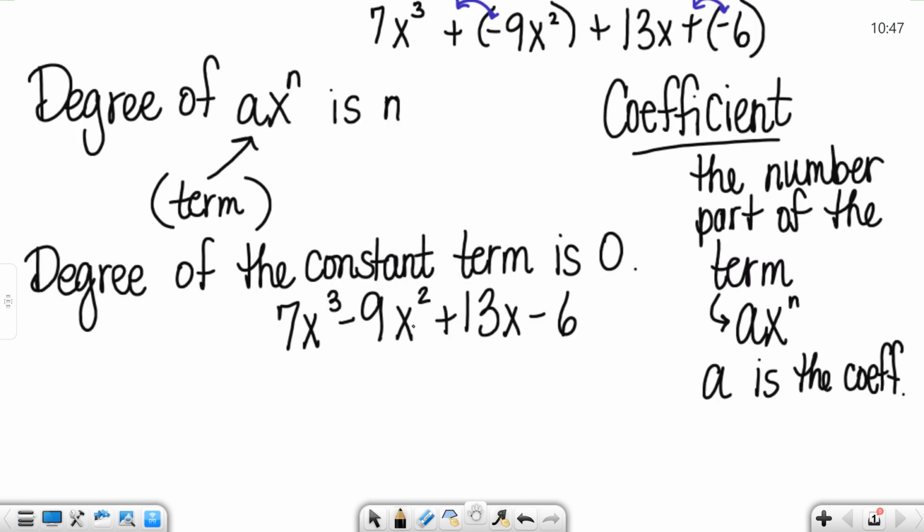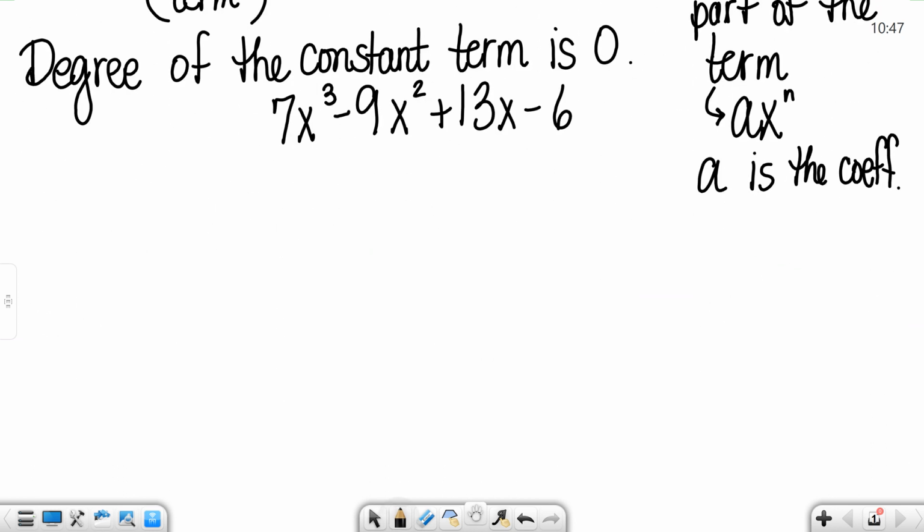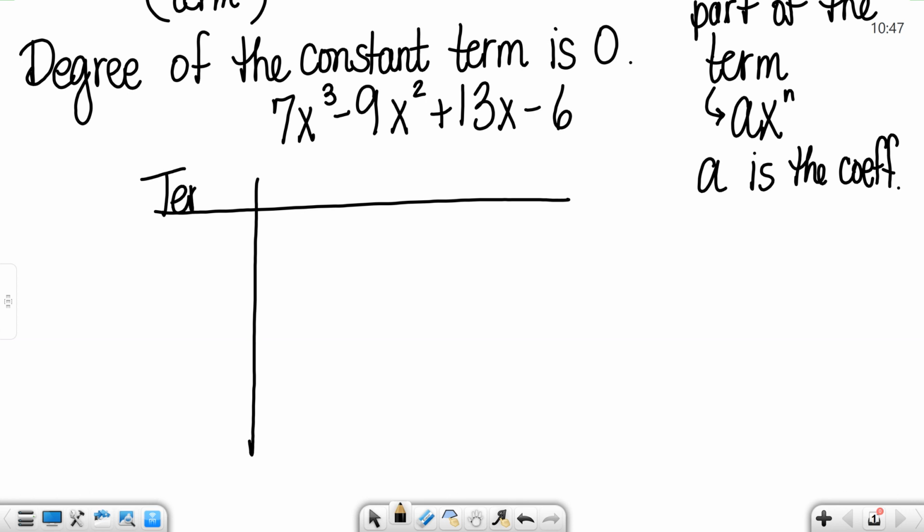So let's take our polynomial and make a little table. In our first column, we're going to identify each term of the polynomial. Our first term is 7x cubed. Our second term is negative 9x squared, making sure to take the sign with it. Our third one is 13x, and then our last one is negative 6.